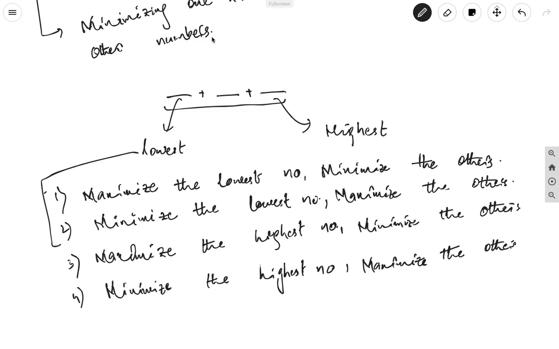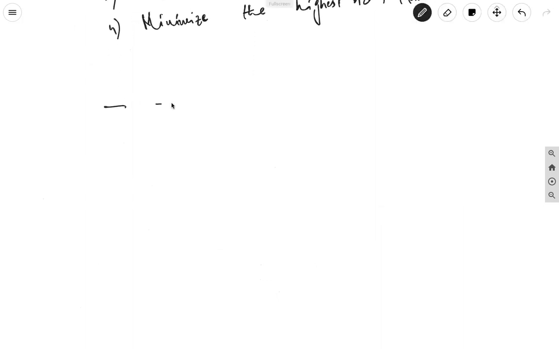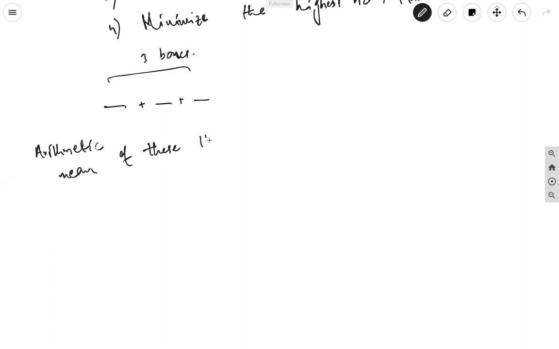To get an idea about this, let me give you a very basic example. Suppose we have three boxes, and the arithmetic mean of these three boxes is equal to 15 kg.